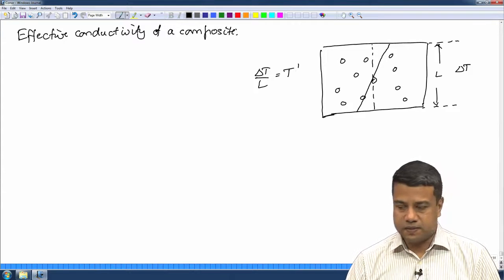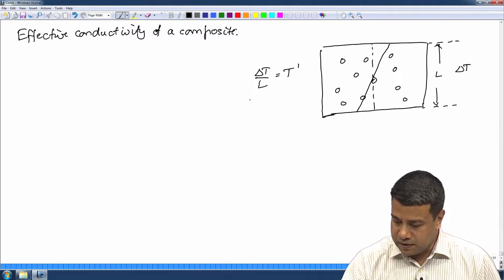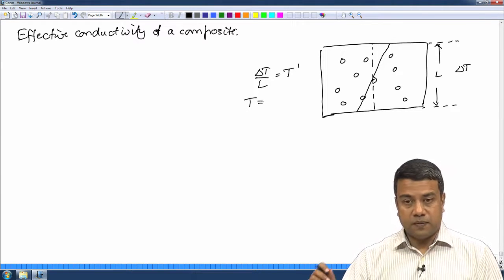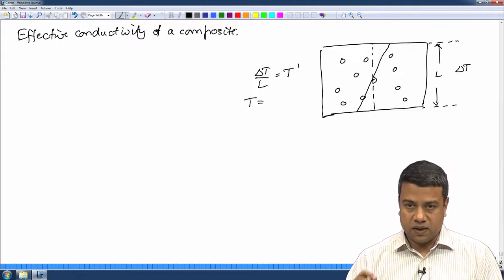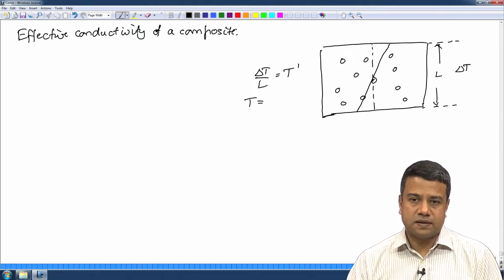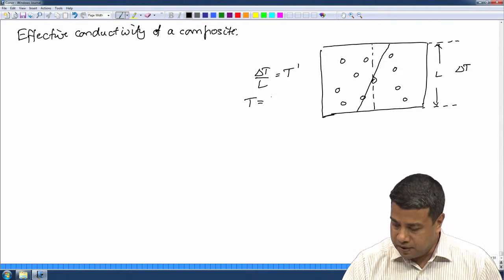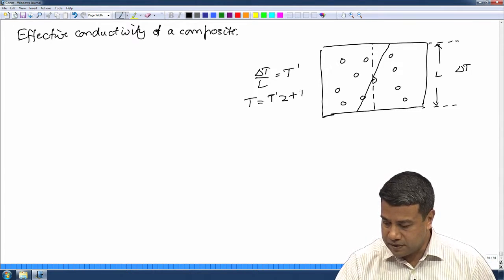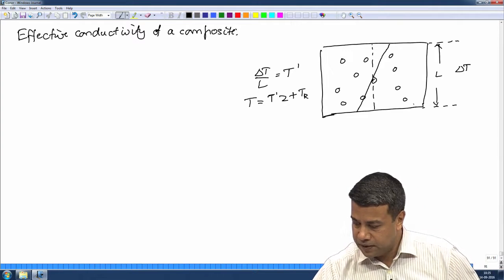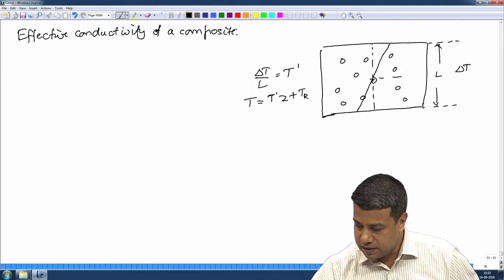So, if the material were homogeneous, if it had only one conductivity, we know that the temperature would be a linear function of distance, and would be given by T prime times Z plus some reference temperature, where Z is this coordinate.